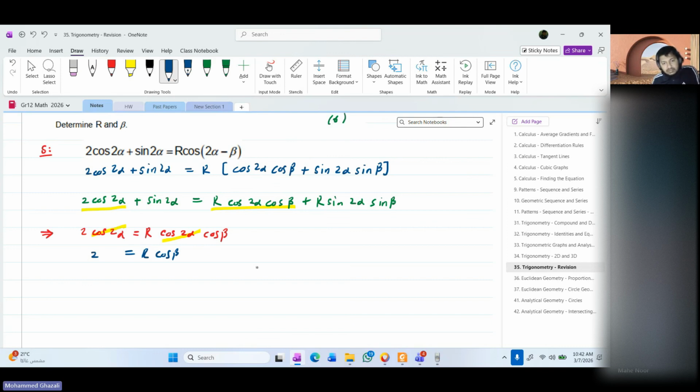So this is equation 1. And we equate the next one: sine 2 alpha is equal to R sine 2 alpha sine beta. If we cancel out sine 2 alpha on both sides, we get 1 is equal to R sine beta.